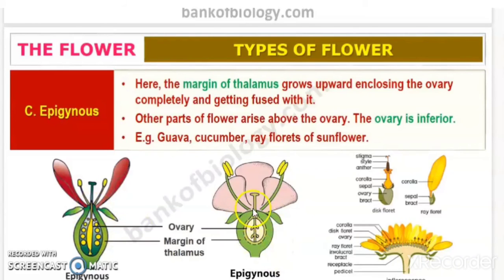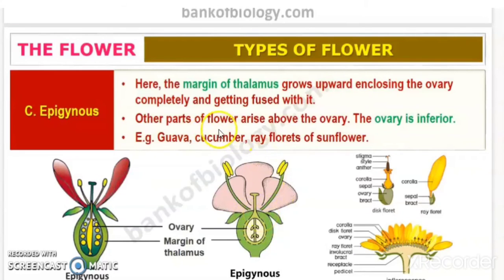So this is how the gynoecium will be seen in the epigynous arrangement. Okay, so you can see here it is the ovary and this is the margin of thalamus. It has grown upward, it has enclosed the ovary and it has fused with it.